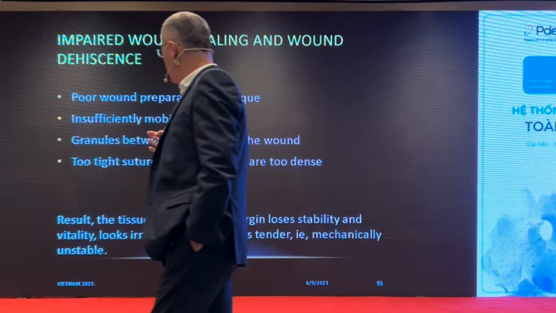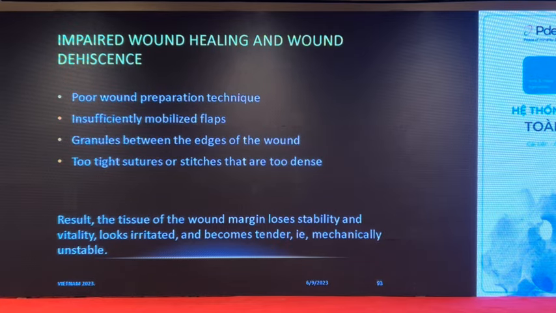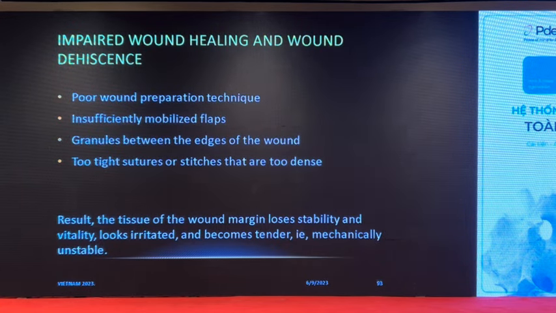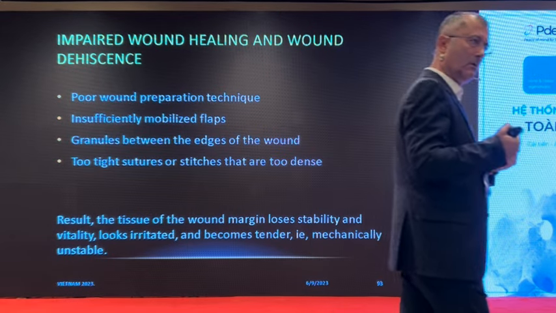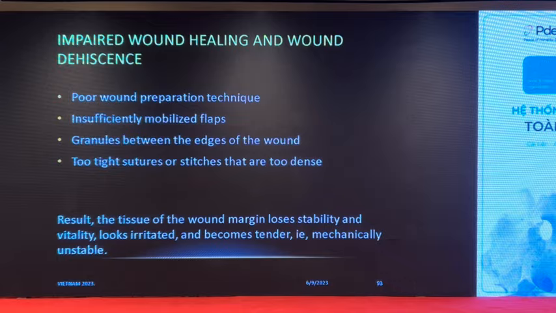And then, too tight sutures or stitches that are too dense. We have to think about these microscopical events. If your stitches are too tight, there will be no blood supply.